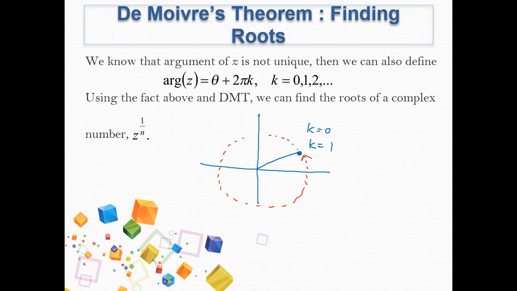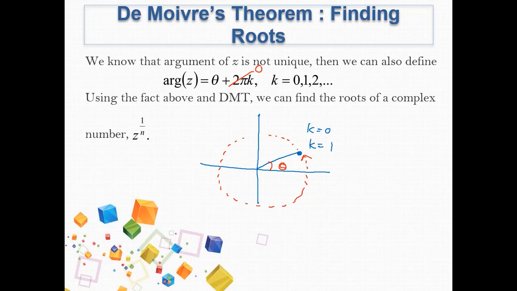So it makes one full circle, 360 degrees. That's why when your k is equal to 0, you will only have whatever your theta is. So it's static, it does not move anywhere.